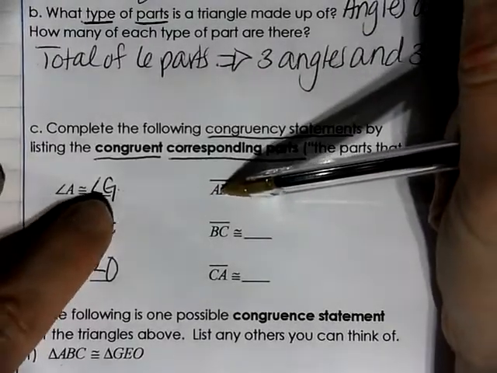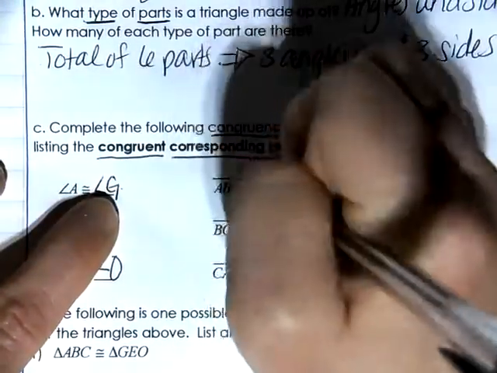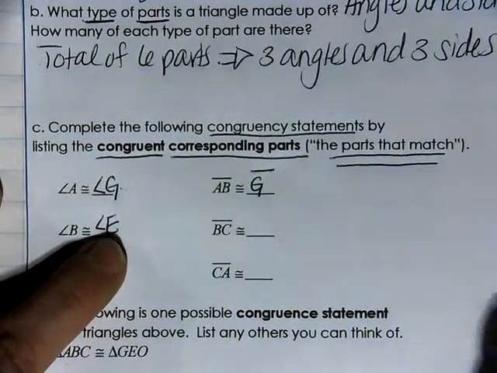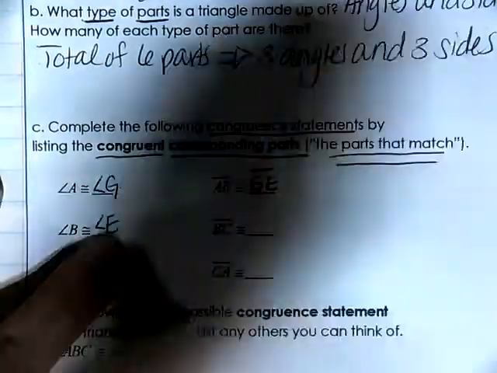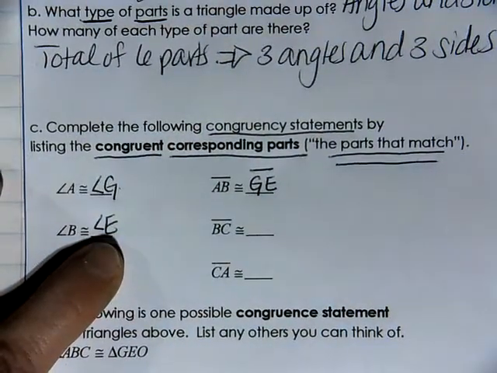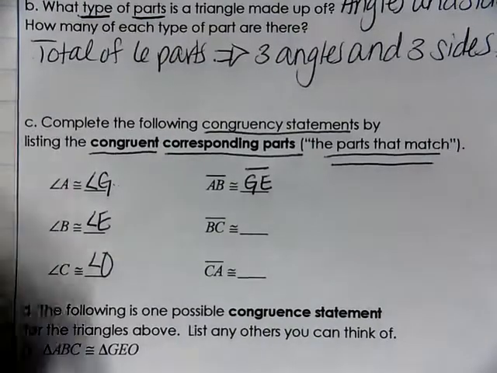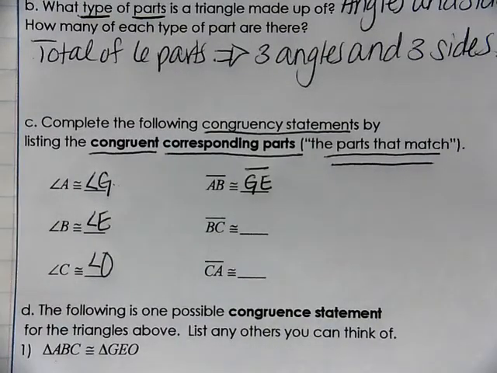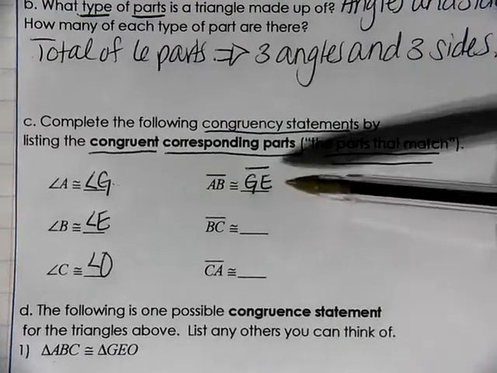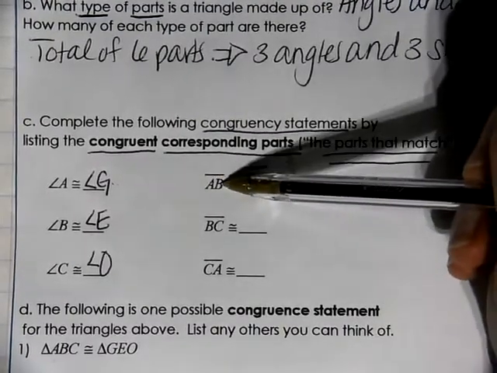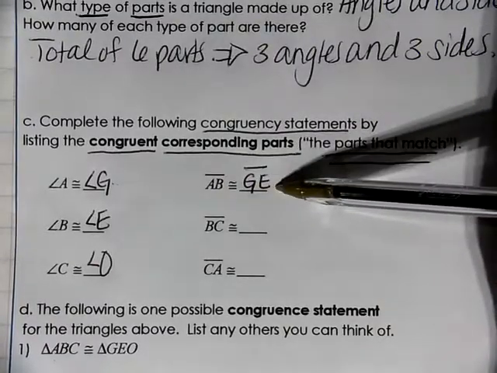A matches with G, so you have to put G first. And B matches with E, so that means that E has to go second. You cannot say segment EG because it's all about matching. So it's a matching game. The only statement that is true that you're allowed to use is segment AB matches with segment GE.